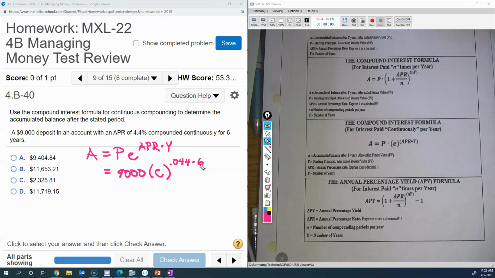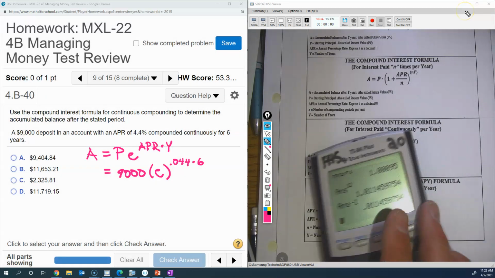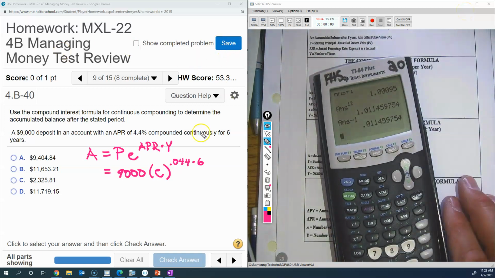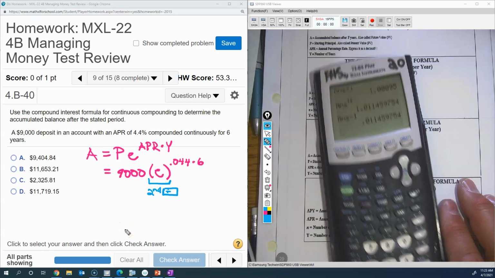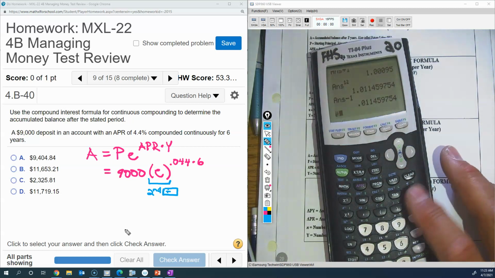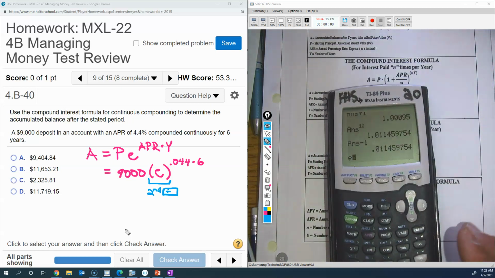All right, now e is known as the natural base. So to get it on your calculator, you press the second and then the division key. Okay, so if I go second division, I get a little e.